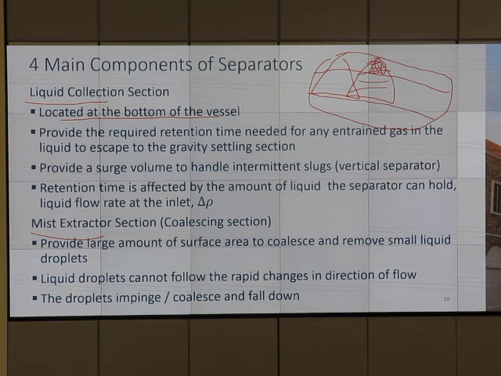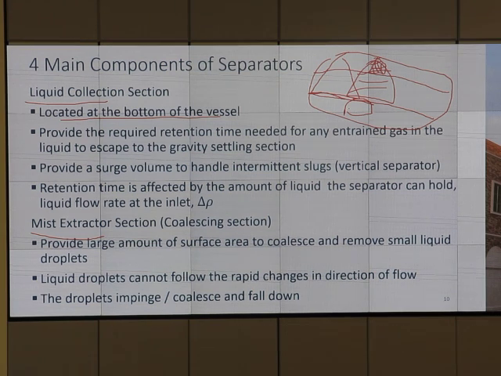If the liquid level is too low, we don't have much retention time for liquid, but we have more retention time for gas. Make sense? If the liquid level is low, the cross-section area for liquid to flow will be less. So more volume for gas, this means it holds more gas. So gas stays inside longer, right? If you have more volume for liquid, then liquid stays inside longer.